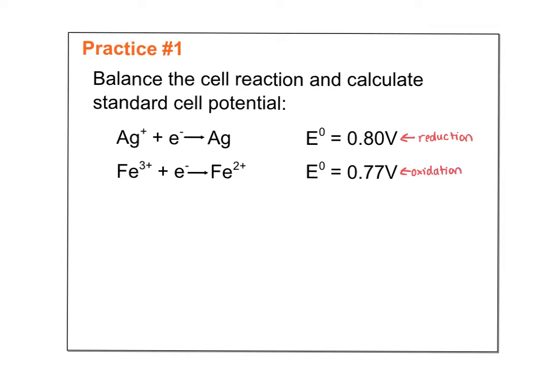Red cat, so we know the reduction is going to happen at the cathode and the oxidation is going to happen at the anode. The equation we saw on the last slide was that the E cell is going to be equal to the standard reduction potential at the cathode minus the standard reduction potential at the anode.